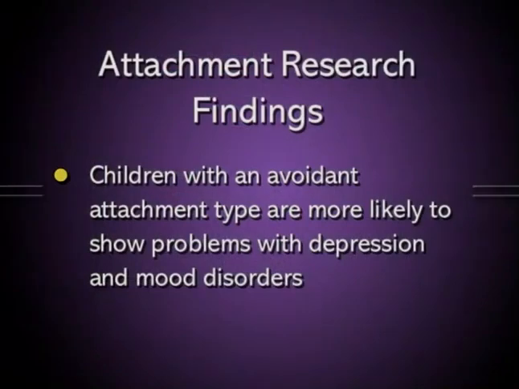And they argued it's at least predicted by attachment type. Whether this is the full cause, at least it's predicted. Children in the avoidant attachment type are more likely to show problems with depression and mood disorders. And so if you're in the avoidant attachment type as a baby, you're more likely to have mood disorders later on as you go through school and become an adolescent.